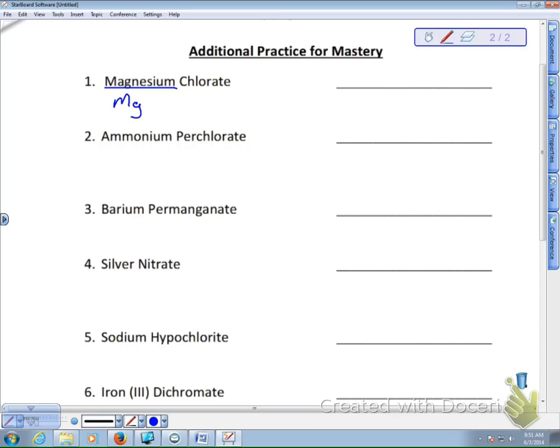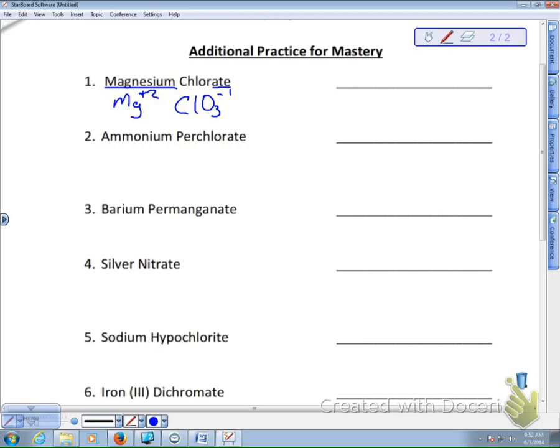From your periodic table, Mg is an alkaline earth metal. It's going to be +2. Chlorate, this suffix tells me that's a polyatomic. So I go to my list, I find it, ClO3 -1.